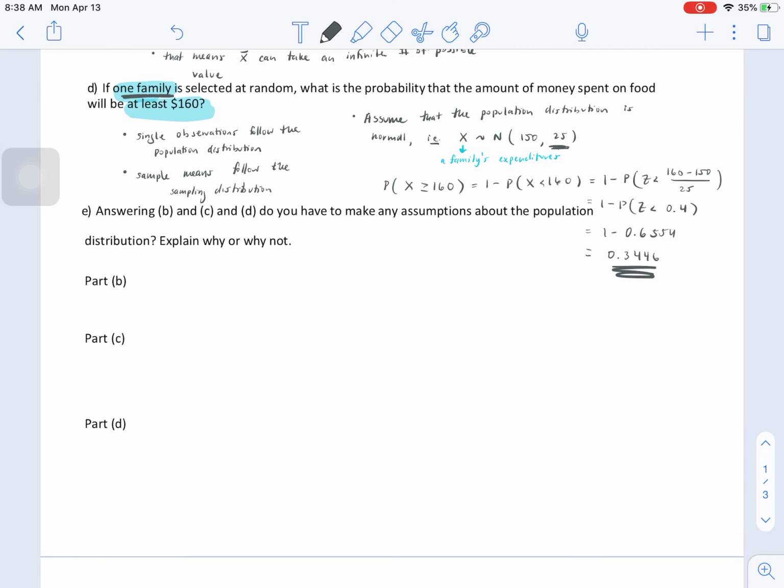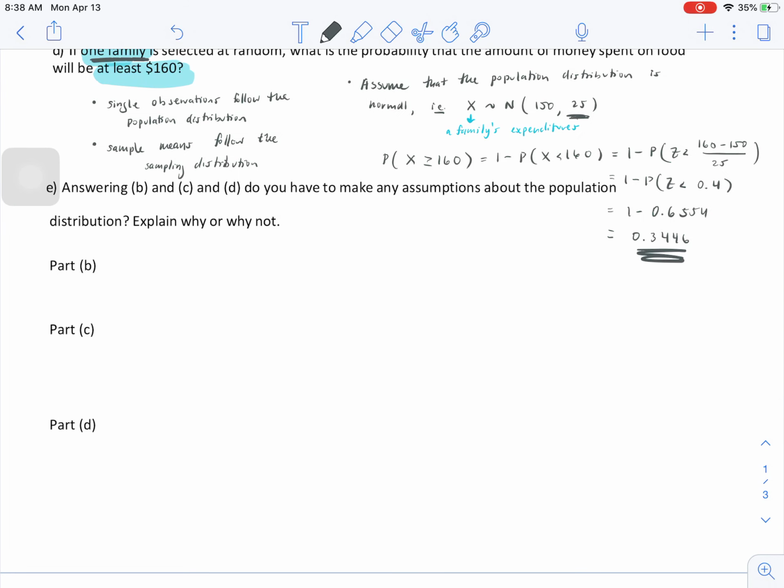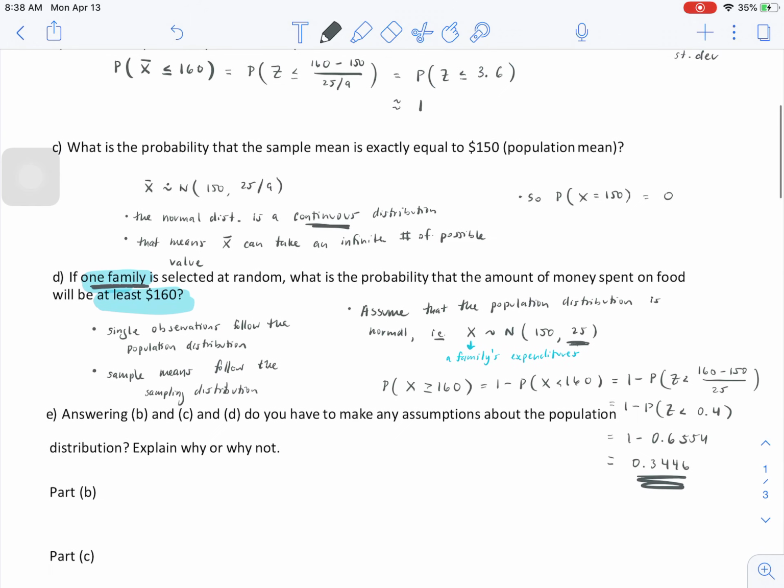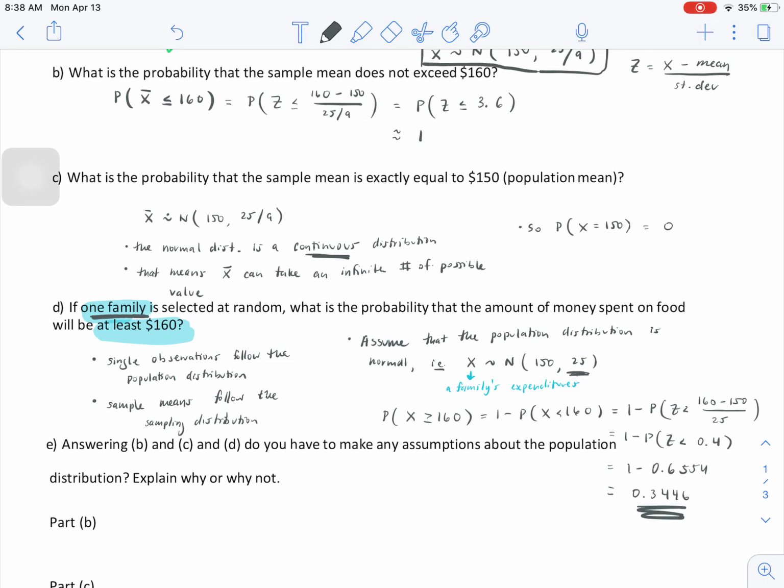Part E asks, for answering these questions, parts B, C, and D, did I have to make any assumptions about the population distribution? Explain why or why not. So as a reminder, in parts B and C, we were looking for the probabilities associated with the sample mean.